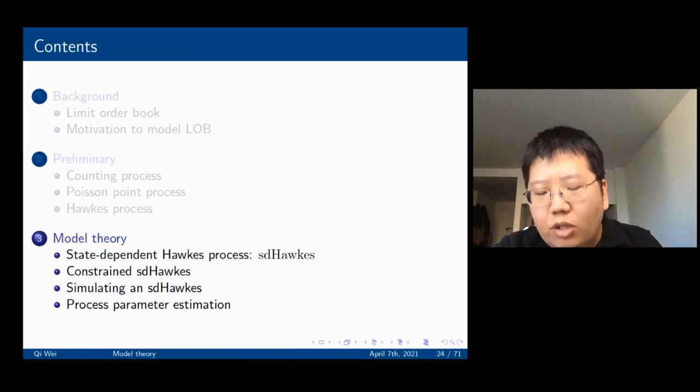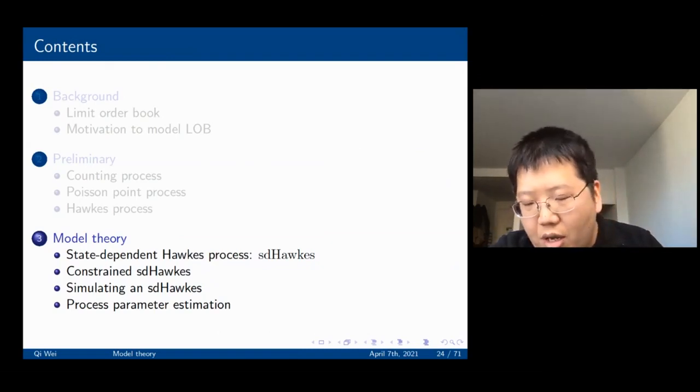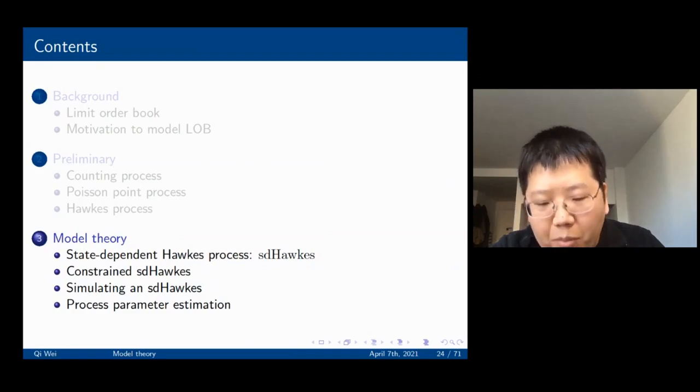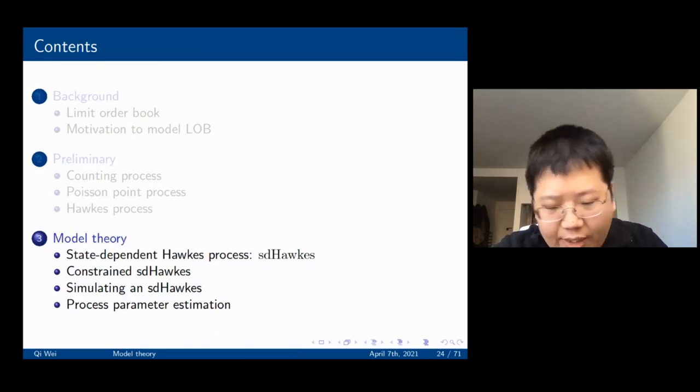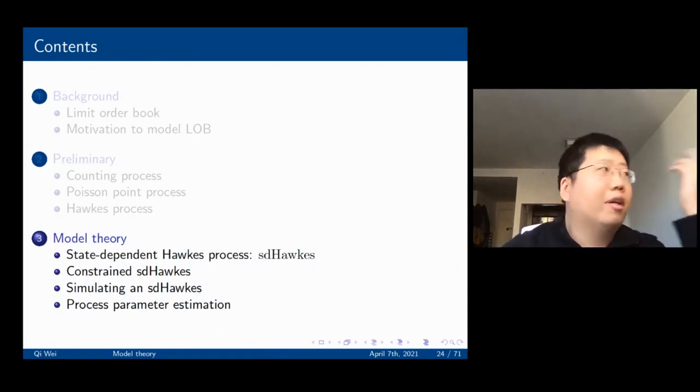If you think about it carefully, the order arrives with many marks, and this state change or state jump happens just after that. It's not exactly simultaneous. I will explain later.